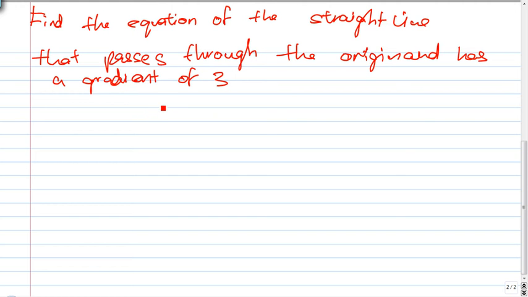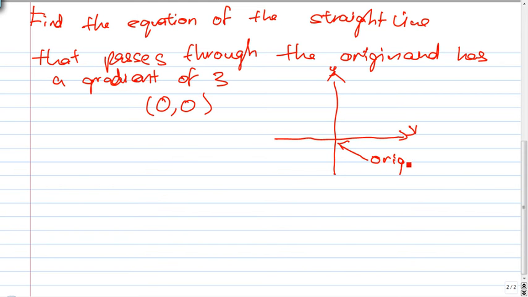Now the origin is (0, 0). If you have the y-axis and the x-axis, this is the origin, so it's (0, 0). When x equals 0, y equals 0.